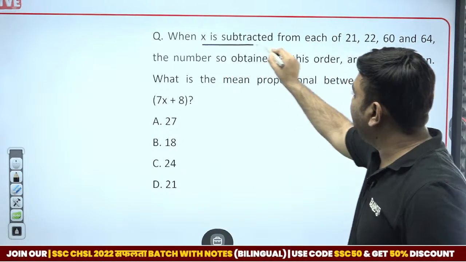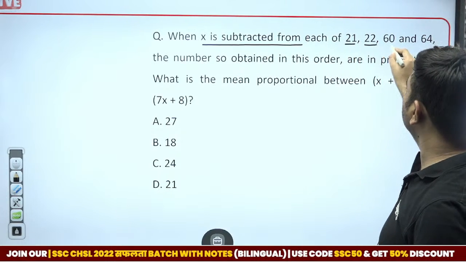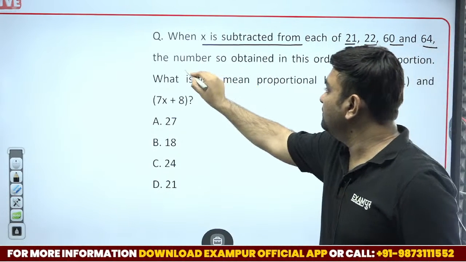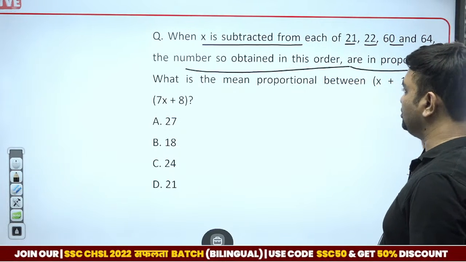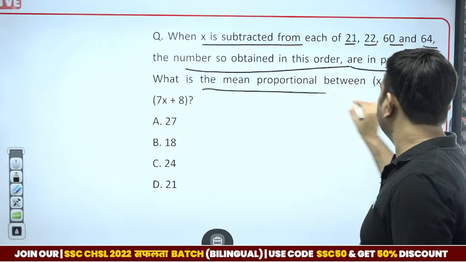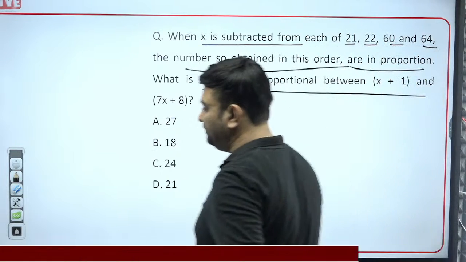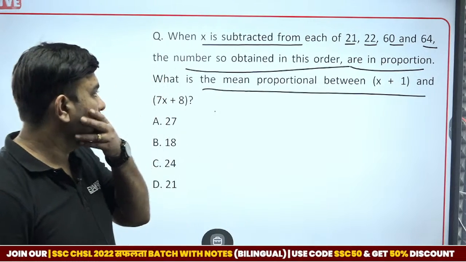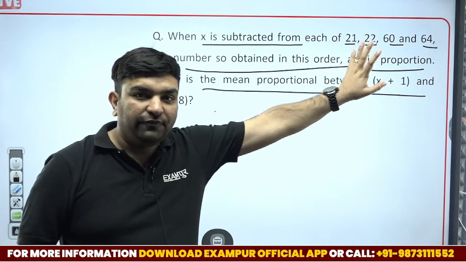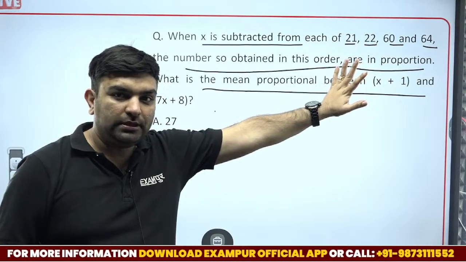X is subtracted from each of 21, 22, 60, 64. So the numbers obtained are in the proportion. What is the mean proportion of this and this? These four numbers are not in the proportion.